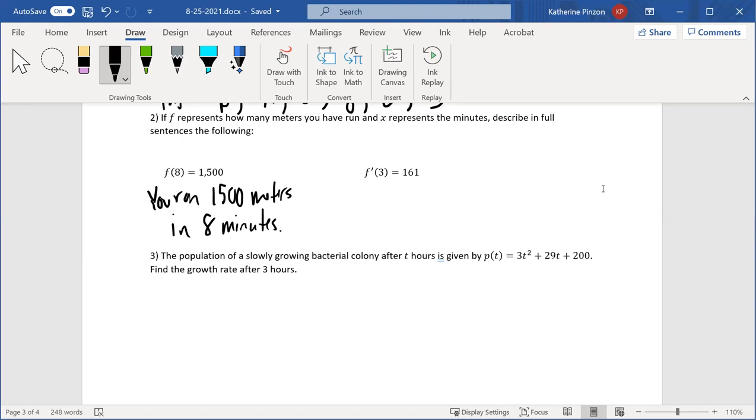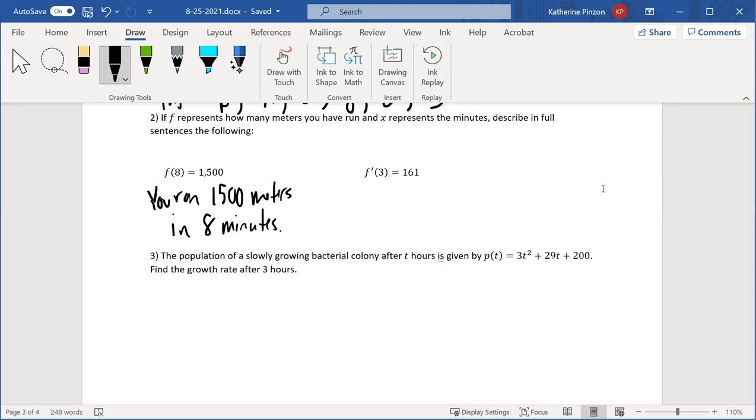Okay, what does this one say? What's different about this one than this one? It has that prime, right? It has that derivative symbol. So it's the slope. It's telling you your rate of change, or how fast you're going, right? When? At exactly that 3-minute mark.